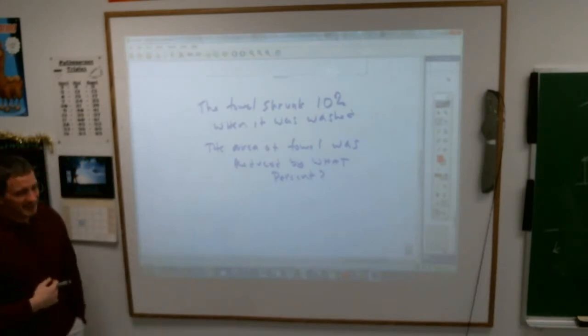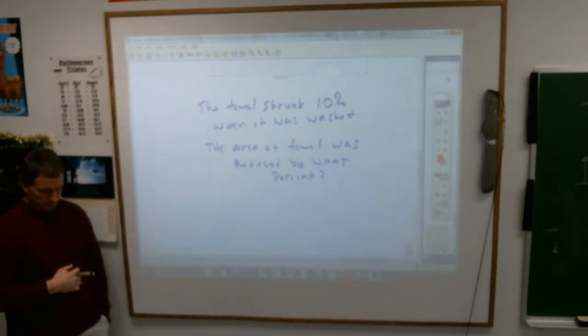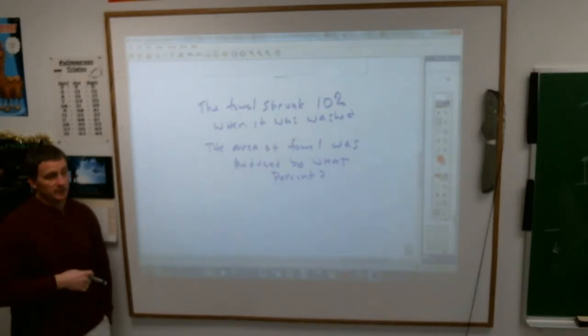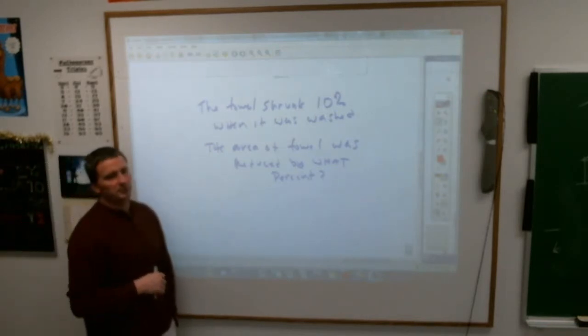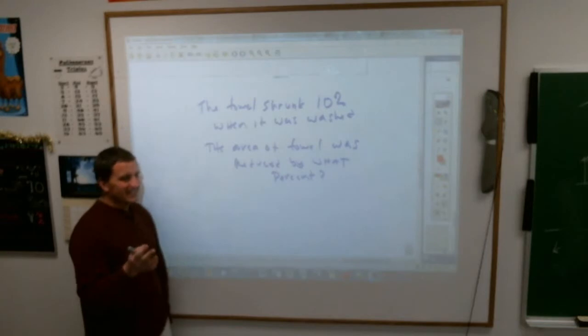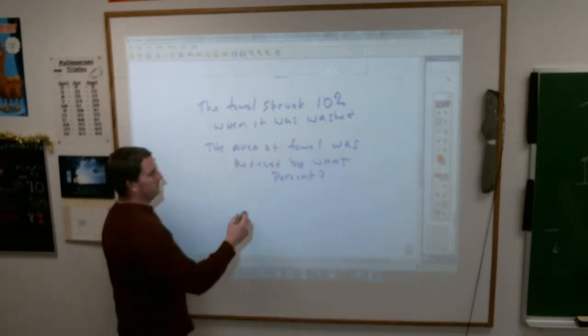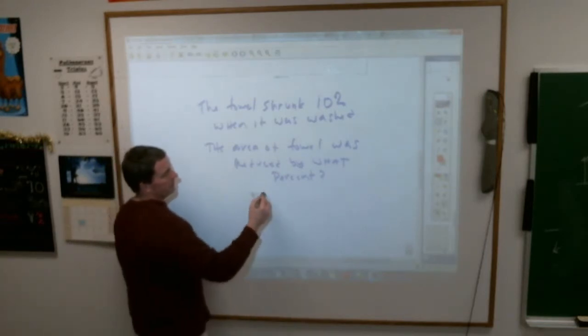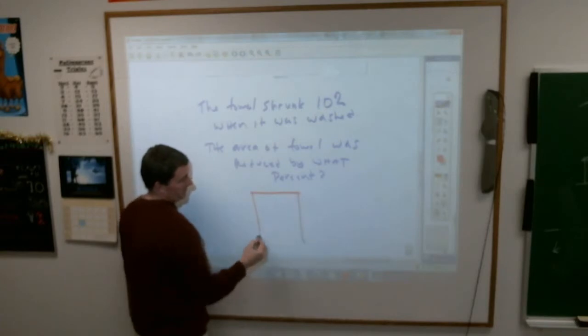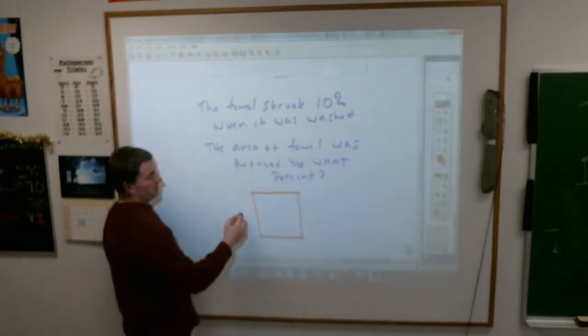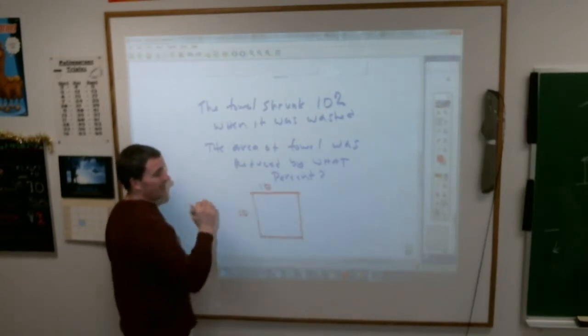Once again, how big is my towel? You don't know. So pick. It doesn't really matter. It's going to be the same answer whether you pick 1,000,000, 1,000, or whatever. I'm going to pick 10 again, just because it's that much easier. My towel, and again, I'll make it a square. You could make it a rectangle, but it doesn't matter. So it's going to be a 10 by 10 towel.